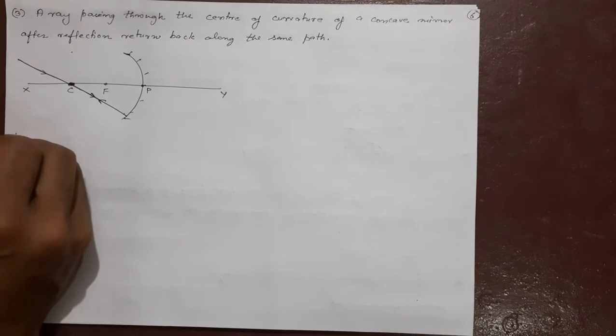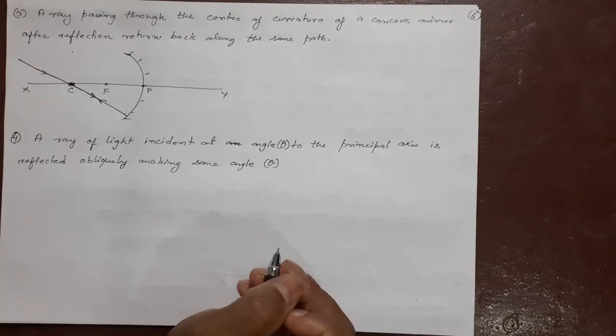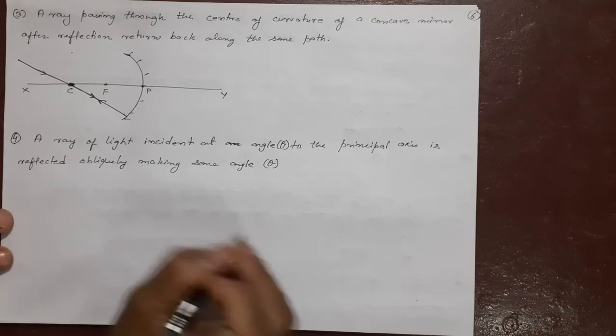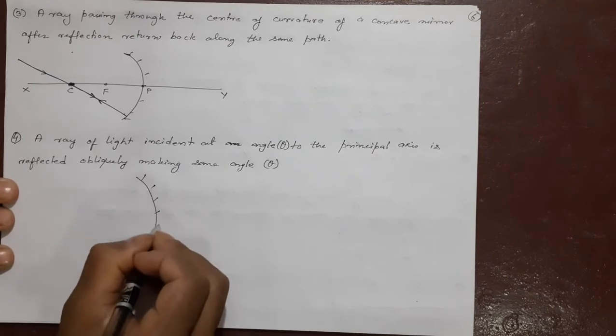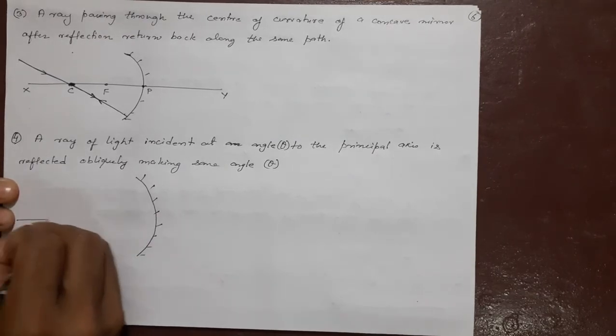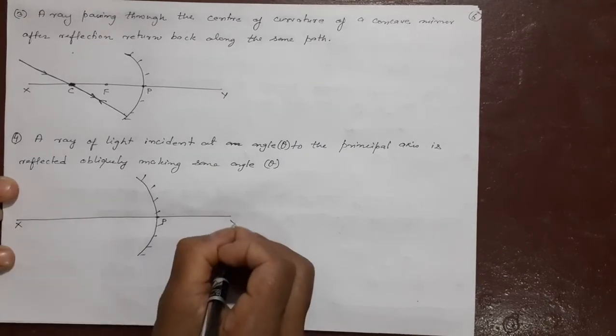Now the fourth one. This rule is like this: if a ray of light is incident at some angle on a concave mirror, suppose this is your concave mirror, having the pole and the principal axis.